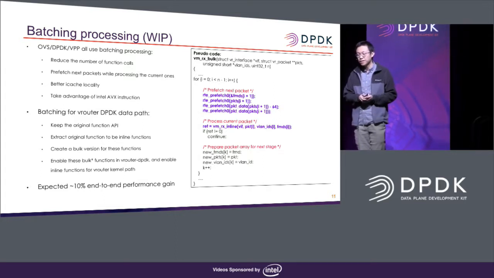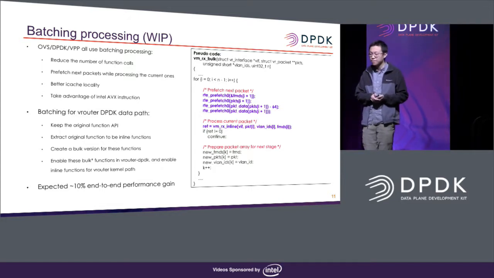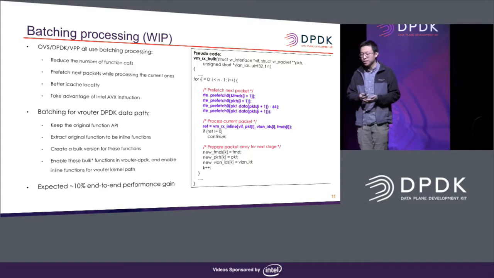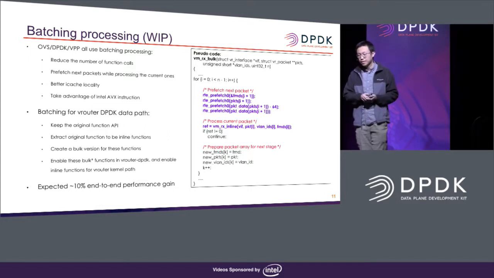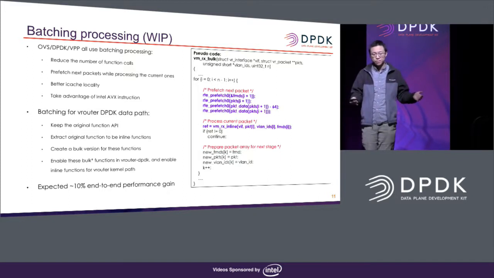We know that OVS, VPP and DPDK all do batching, but that's not the case in current Tungsten Fabric. Batching can reduce the number of function calls. You can prefetch the next packet when you process the current one. You have better iCache locality. You can do AVX on multiple packets doing the same operation.